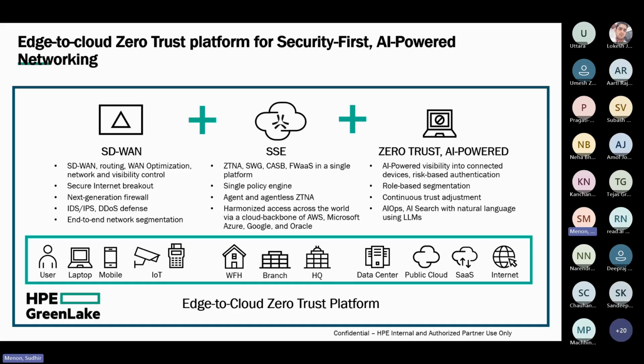And as HPE, we have always been propagating across all our portfolios and platforms the paramount importance of security, be it on our server storage side or the networking side. We have always been propagating security as the first agenda. When I say AI-powered networking, is where we adapt, where the underlay, our wired wireless backbone.